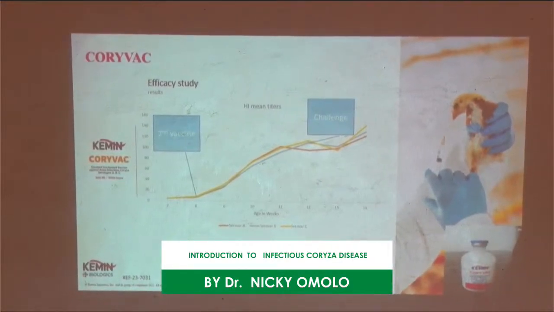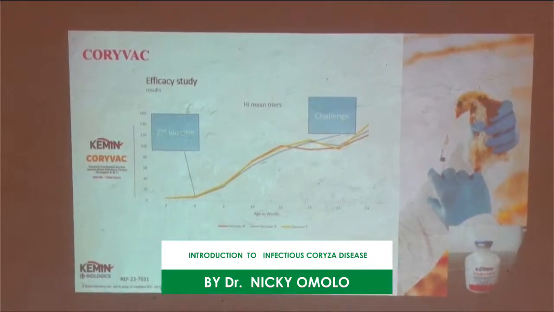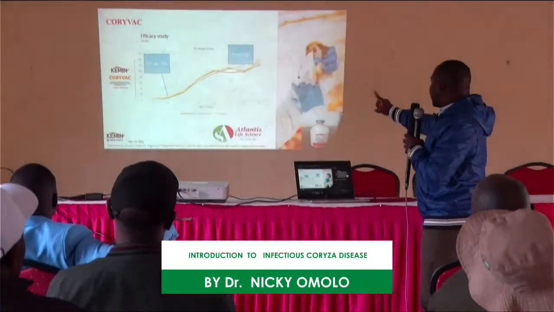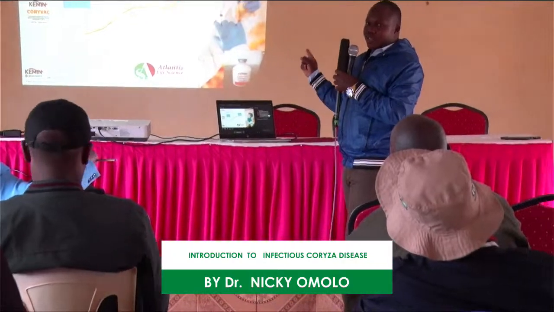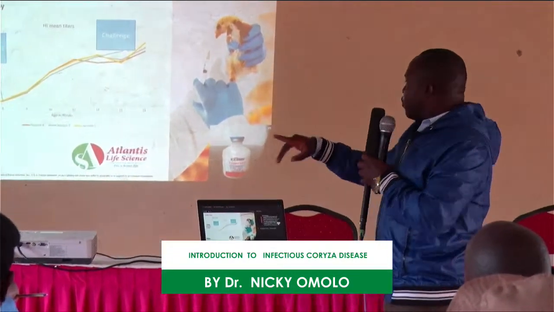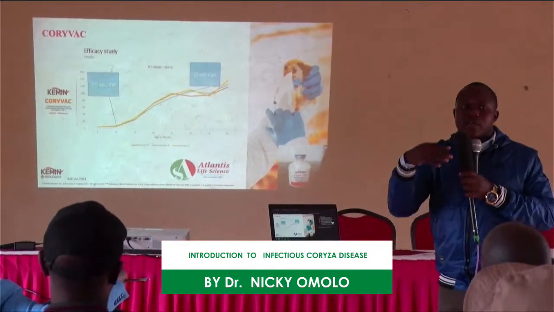So if you look at this graph, it tells us the ages in weeks, and I don't know if it is very clear from there, but we have 3 lines. Are you able to see the 3 lines, which code for the 3 different serovars? They are more or less almost the same in terms of offering immune protection.